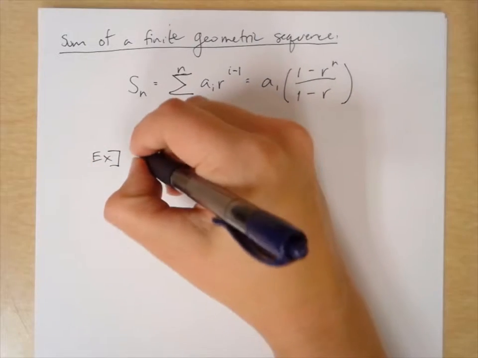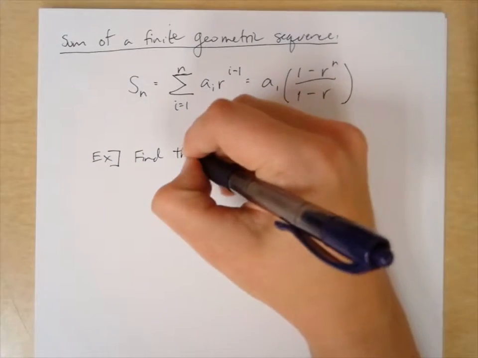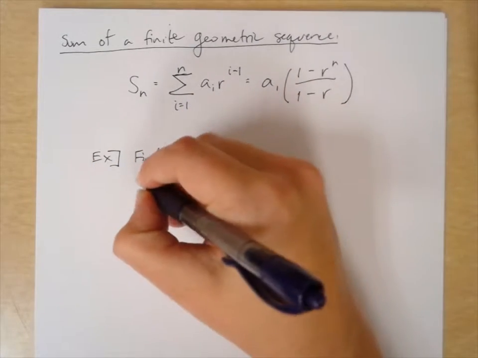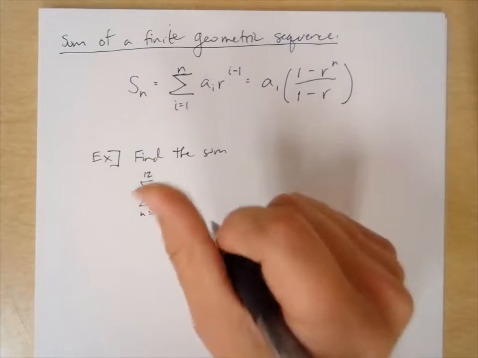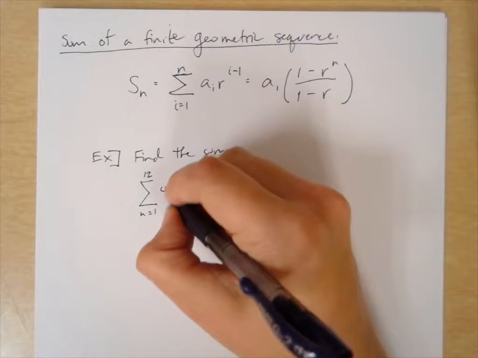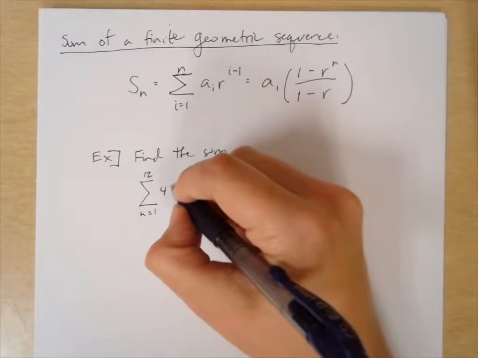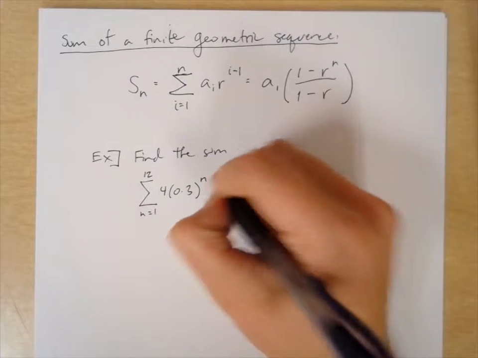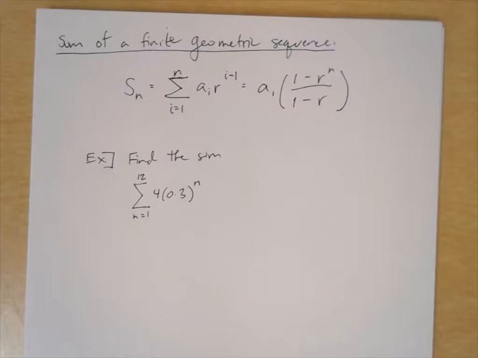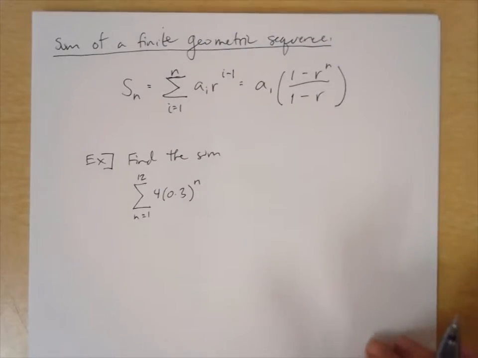Let's say we were asked to find the sum, sigma 12 on top, n equals 1 on bottom, of the function 4 times 0.3 to the n. What I want you to realize about this question is it's actually giving you a few pieces of information.